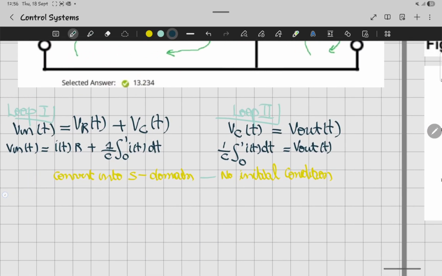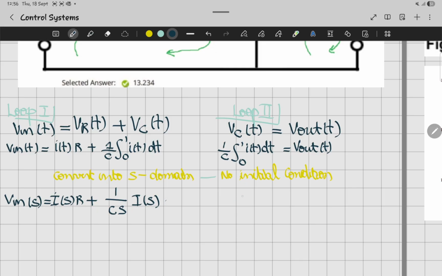So V in on the first loop will be V(s) equals I(s)R plus 1 over CS I(s).